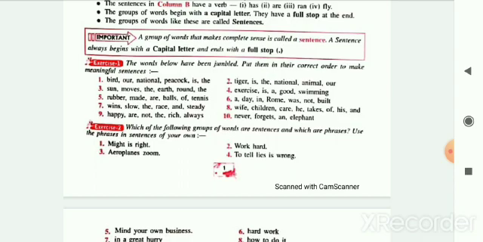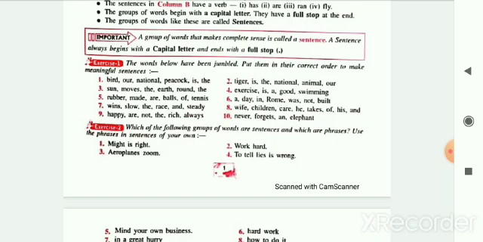Also, phrases don't have a capital letter in the beginning or a full stop in the end because they are not complete. Please remember that. That will help you to immediately make out whether it's a phrase or a sentence. So now here in exercise 2, you have to find out whether the words that are given are sentences or phrases.